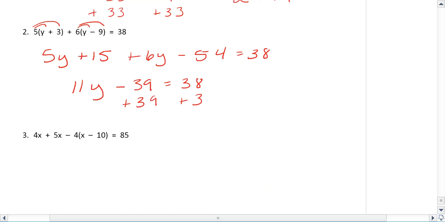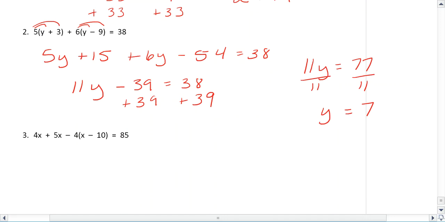No. Oh, no, I didn't. I do just need to add 39 to both sides. Sorry about that. And 38 plus 39 I got is 77. And then if we divide both sides by 11, we end up with an answer of y equals 7.